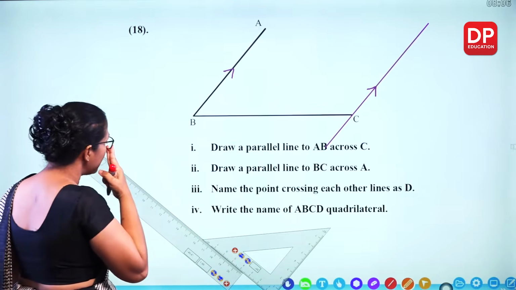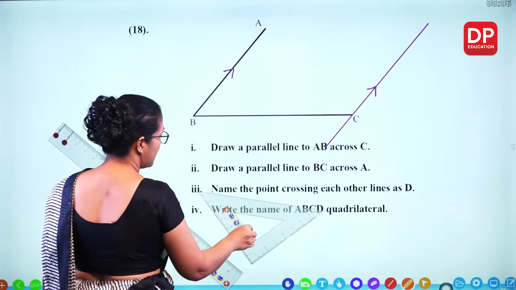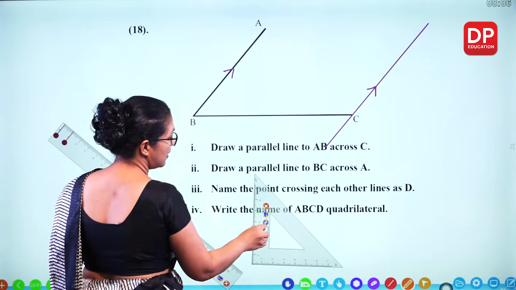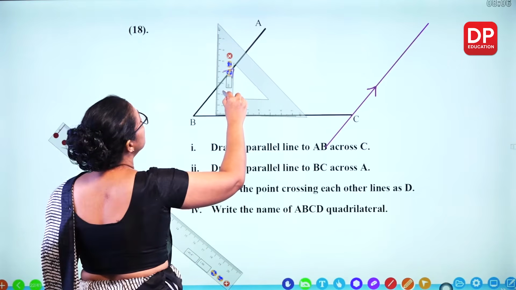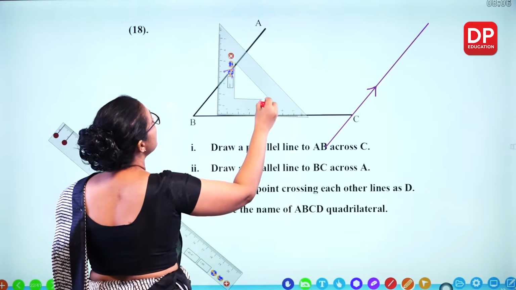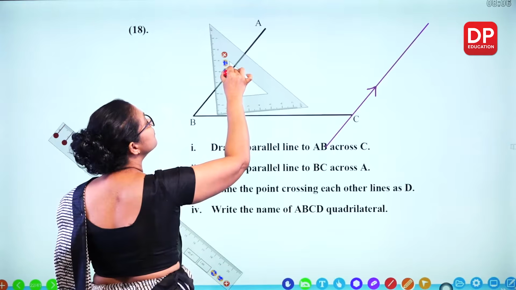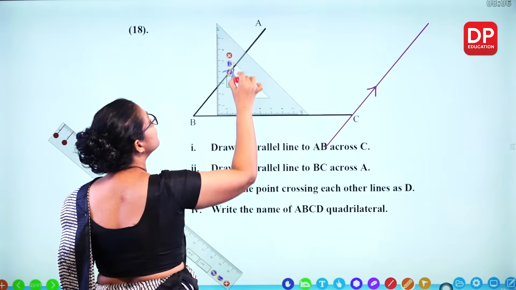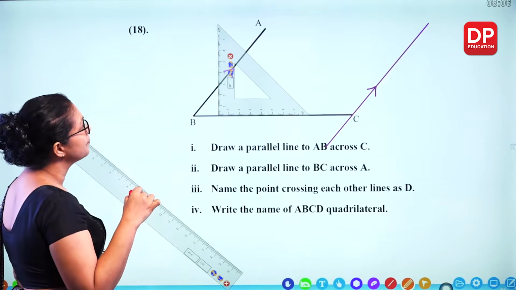Then again, you can take the set square and keep it on top of the BC line now. So like this.